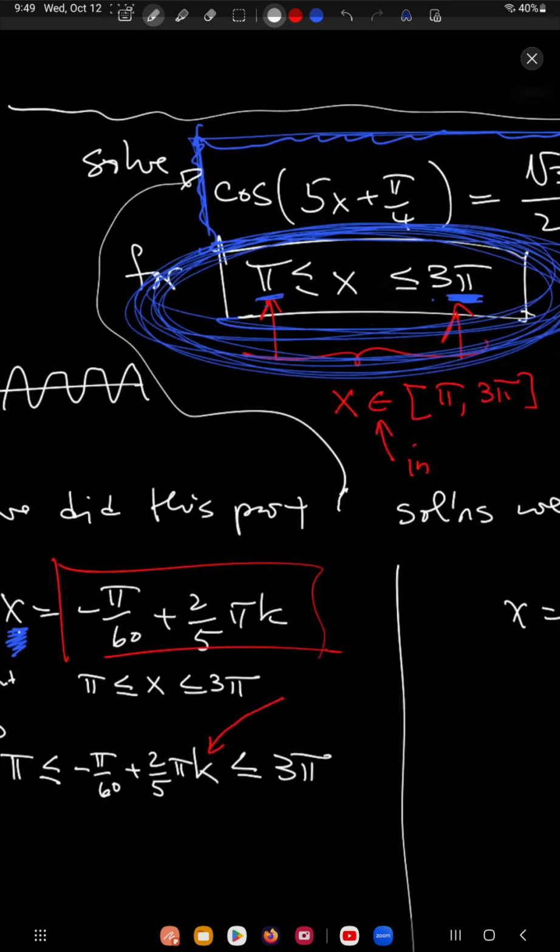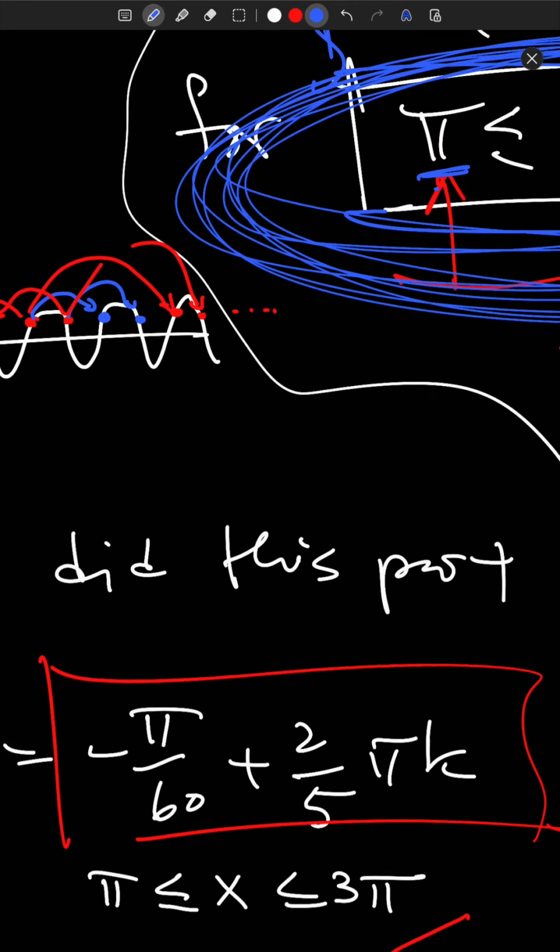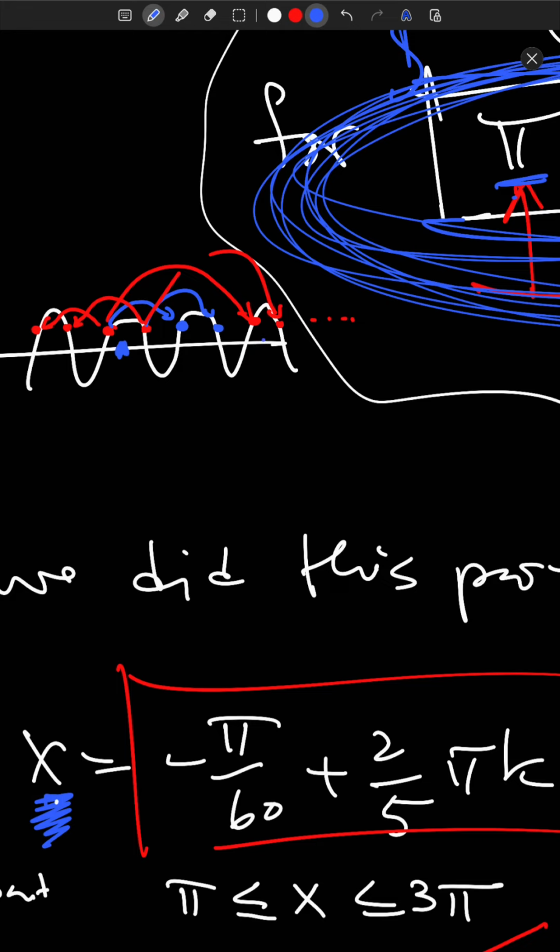And in general, what we've been doing is finding perhaps two solutions and then propagating those two solutions by k equals 1, and then k equals 2 gives me that one, and so on. k equals minus 1 gives me this one. But if I'm restricting myself to only between pi and 3 pi, so let's say between here and here perhaps, then some of the k's are not going to be any good.